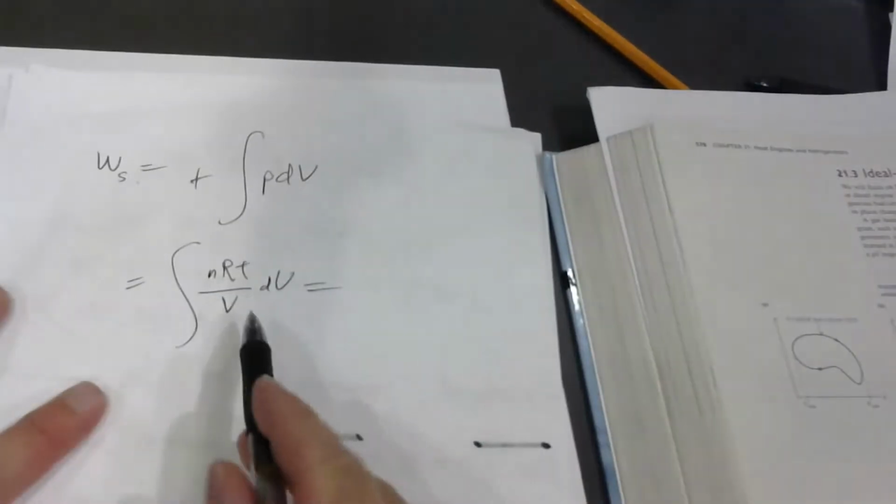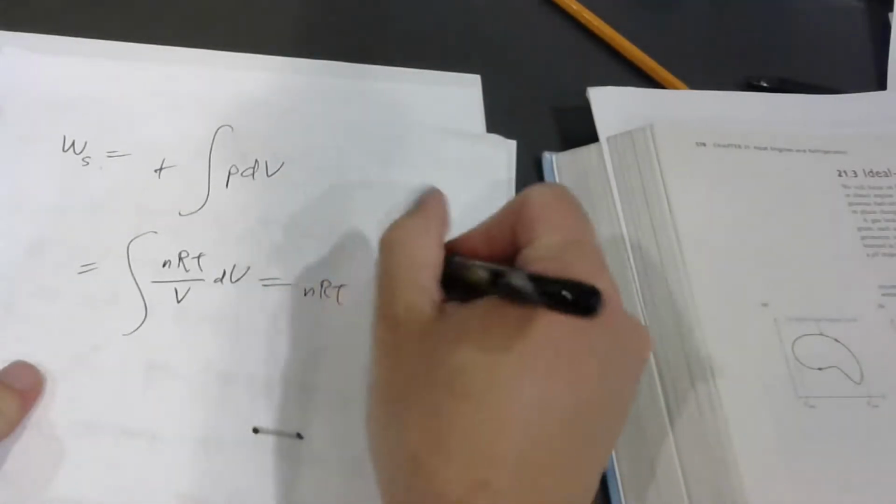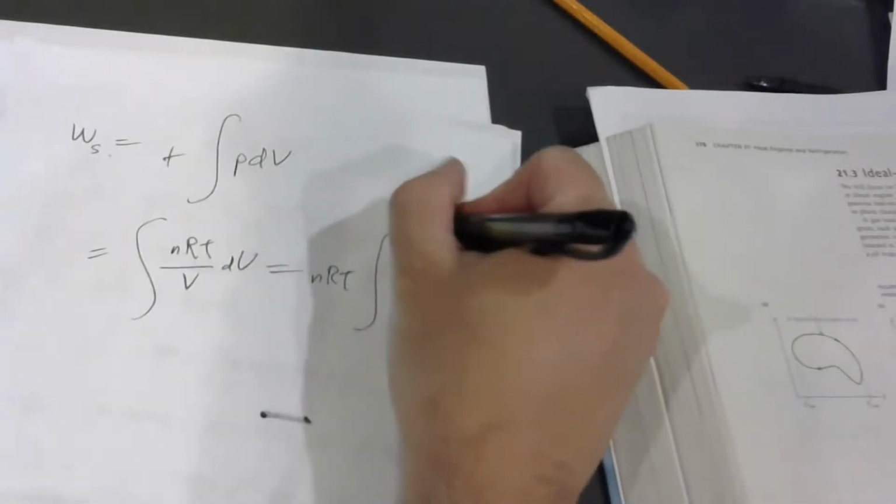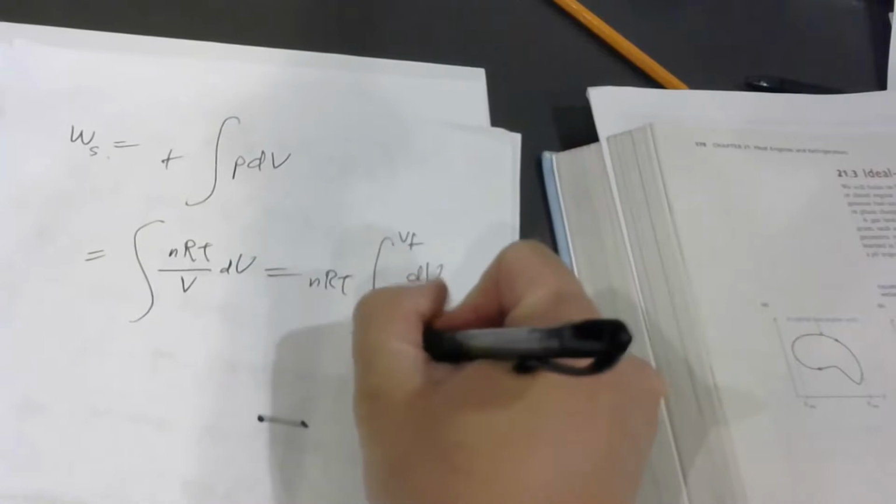But if it's an isothermal process, T is a constant as well as n and R, so pull out the constants: integral of dV over V. The antiderivative there would be the natural log. That's where you get the natural log of the ratio. Remember, when you evaluate at your upper and lower limits, the difference of two logs is the log of the quotient. That's fun to say. The difference of the logs is the log of the quotient.